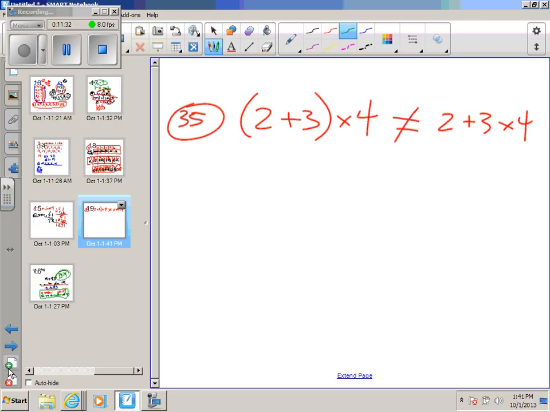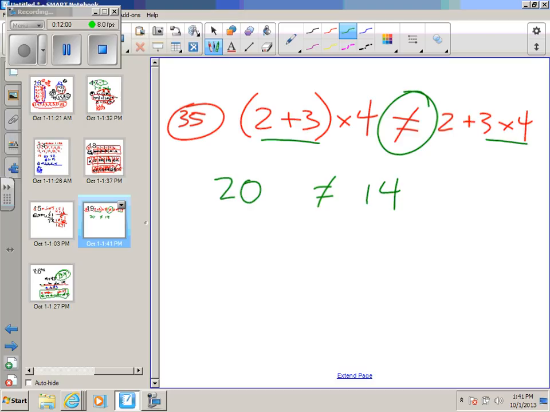The best evidence that you have is to just do the work. Here, you do parentheses first. 5 times 4 is 20. Here, you multiply first, get 12, add 2, 14. Because it's not. Not equal. That means not equal. Okay?